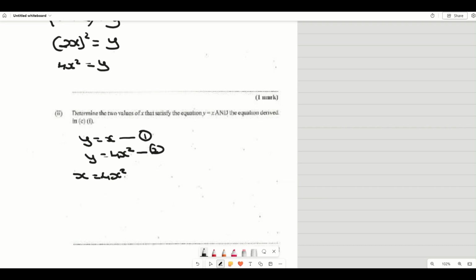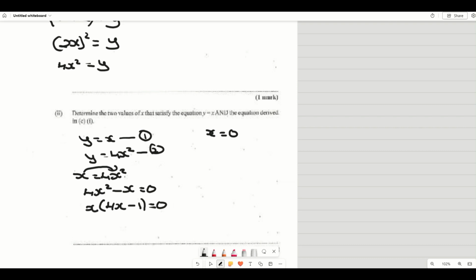I'm going to let them be equal to 0, so I carry this across. So it is going to be 4x squared minus x is equal to 0, right? Then factorize this. What they have in common is x. x multiplied by what gives you 4x squared? x multiplied by 4x. And x multiplied by what would give you minus x? x multiplied by minus 1. Then when we factorize this, each bracket is equal to 0.